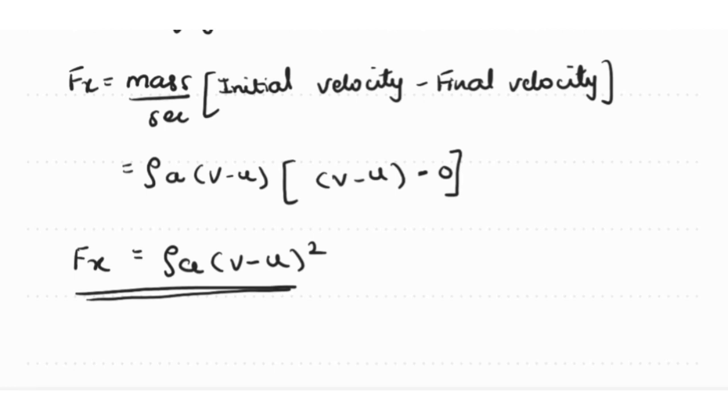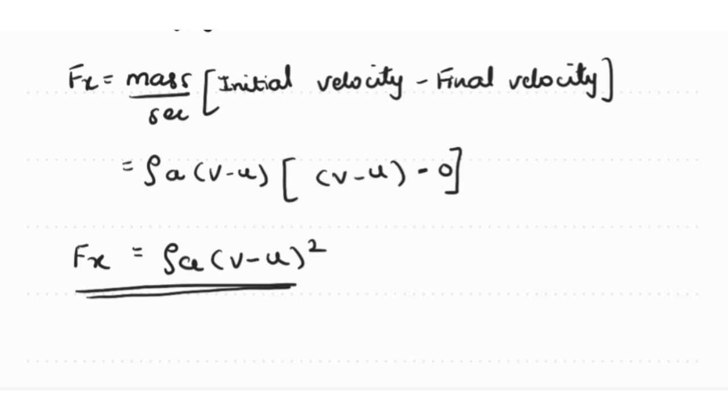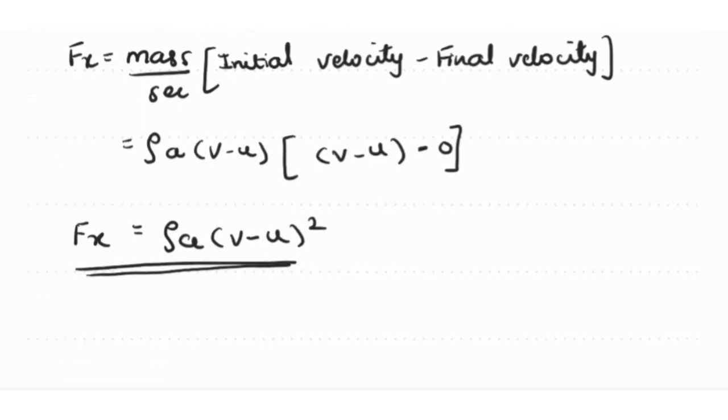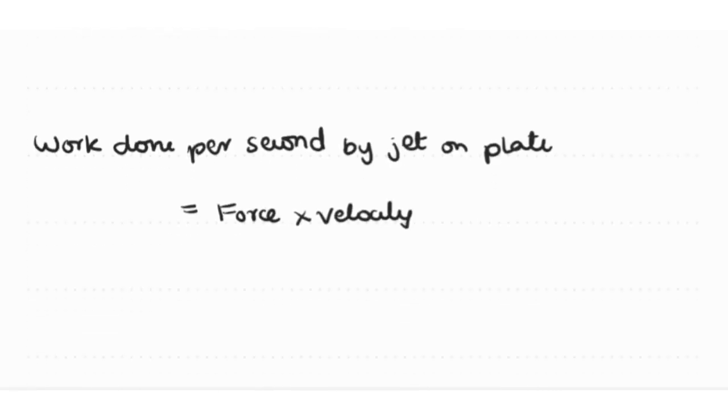Since here the plate is moving, we should also go with the work done per second. In the previous cases, the plate was fixed. Here the plate is moving, so you should also go with the work done per second by the jet on plate. That is calculated by force into velocity of plate. So force, you can take it as Fx, into velocity of plate, which is nothing but u.